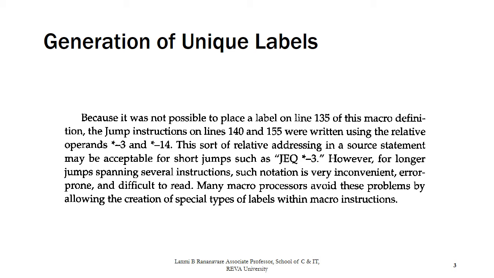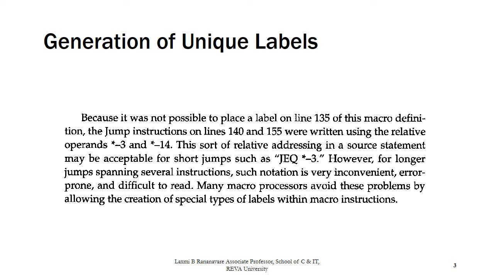So there were two instructions, at 140th location and another at 155th location. Let us consider at line number 140 we had a jump instruction, and we had written the relative operand as star minus 3.